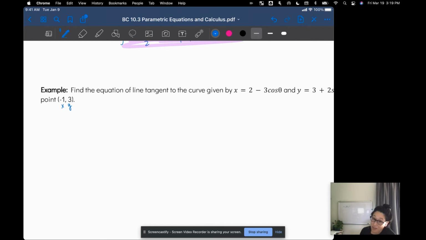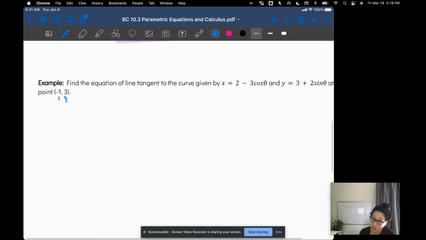First off, I'm going to verify that this point is on this curve. So all I'm going to do is take the x equation in the parametric equations and put in negative 1 for my x value, because what should happen is that we end up with the same theta values, and if we don't, then we're going to have an issue.